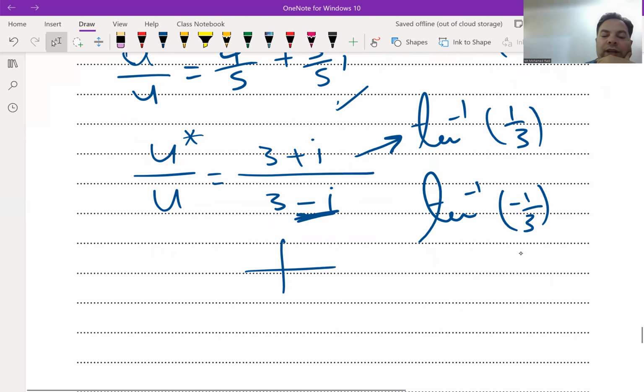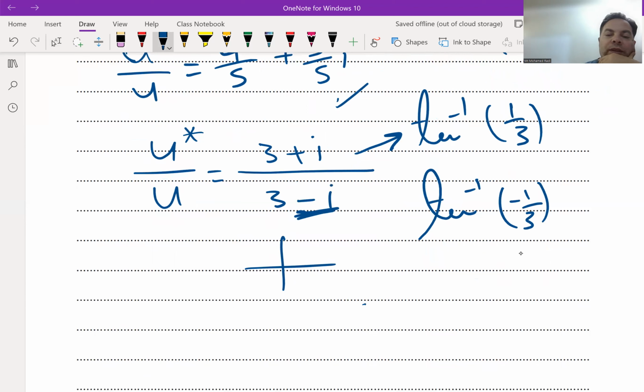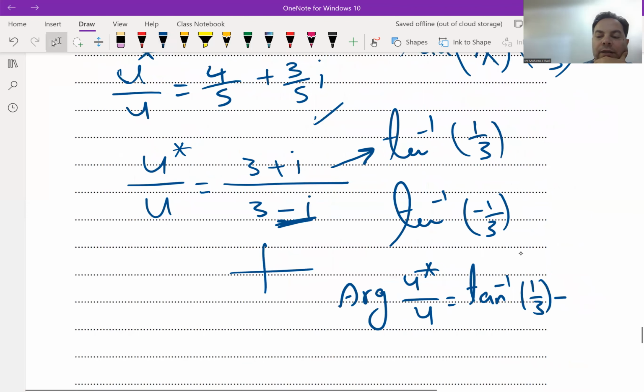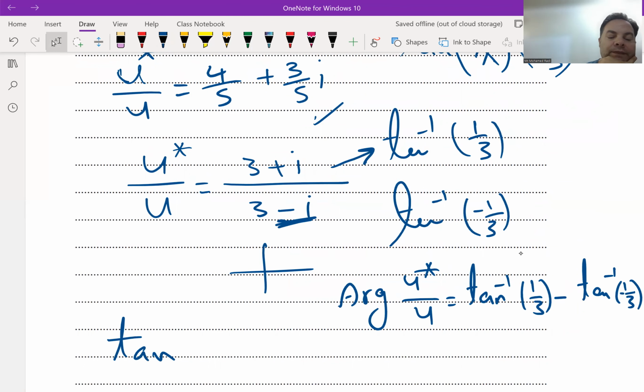So when you subtract, the argument of u conjugate divided by u is tan minus 1 of 1/3 minus tan minus 1 of negative 1/3.